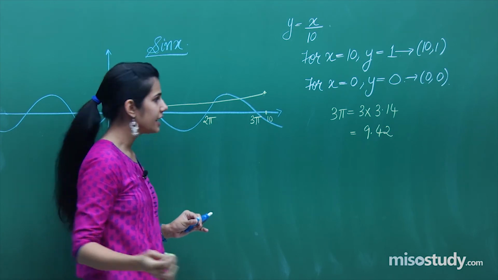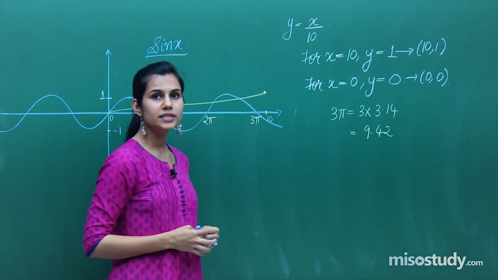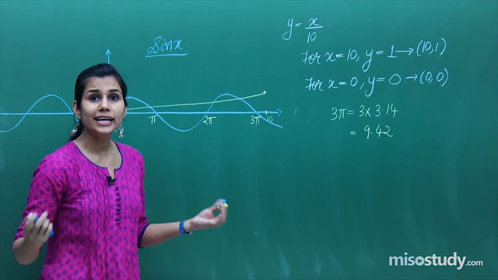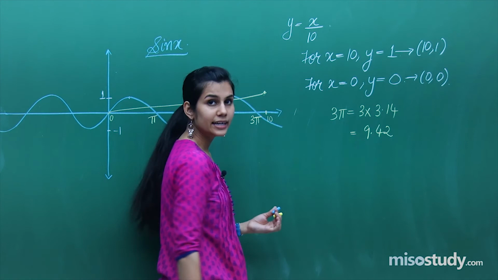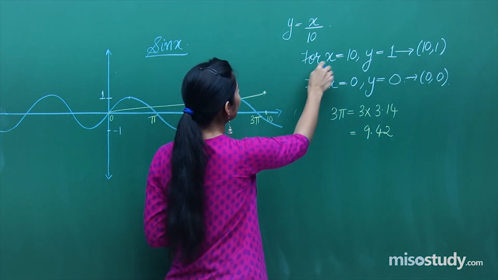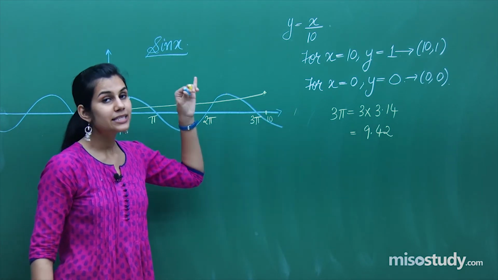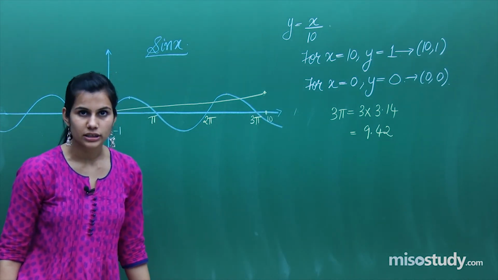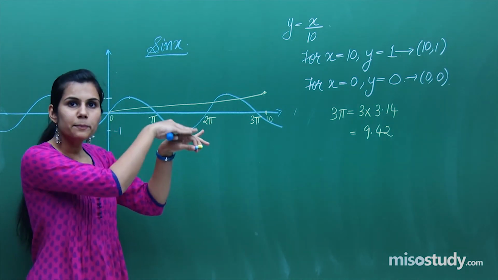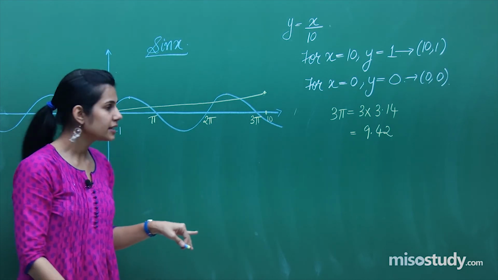But if you say, what if I make one more oscillation and this also cuts the graph of sine further? I am going to say, no, it cannot cut, because the moment you plot x by 10 for points greater than 10, this will attain a value greater than 1. And sine x cannot go greater than 1. That means never beyond this point is it going to intersect the sine function. Because the sine function is going to be elevated up to 1, but this line is going to go beyond 1, so they are not going to intersect.